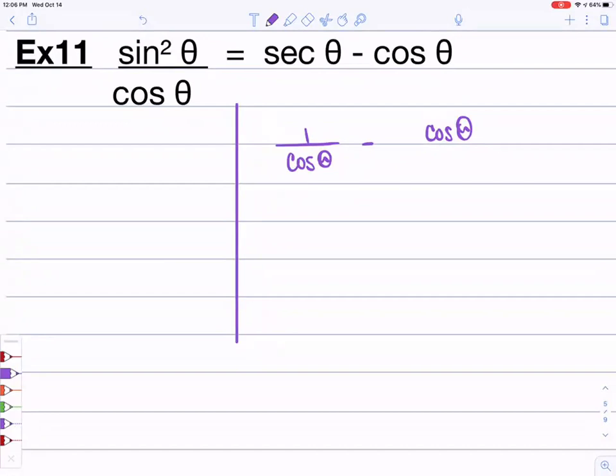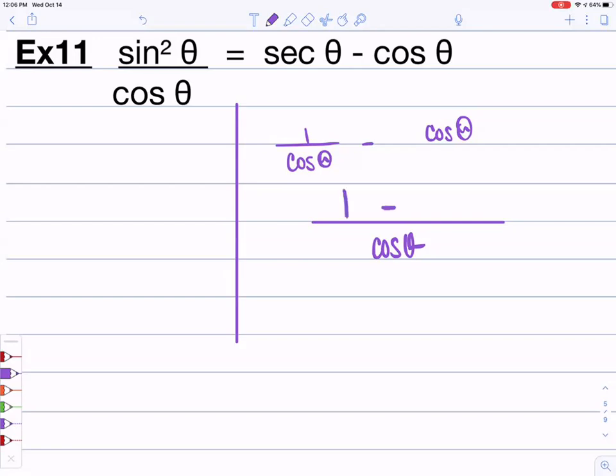How do you add and subtract fractions? Get a common denominator. So what do you want your common denominator to be? Yeah, like the one that's already there. Now the first fraction, it's good, right? It already has that denominator. It already matches. So let's just write down the numerator.